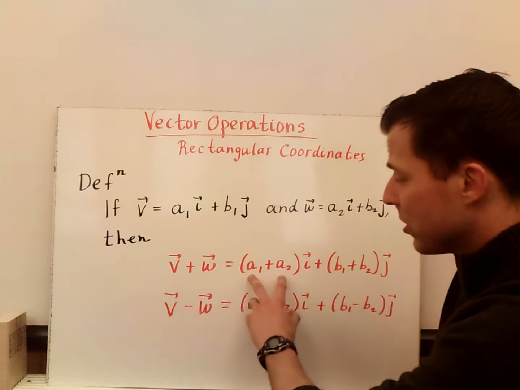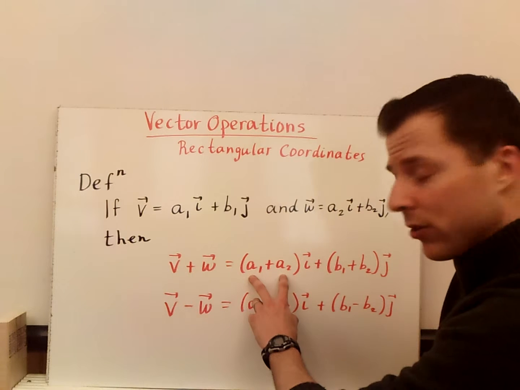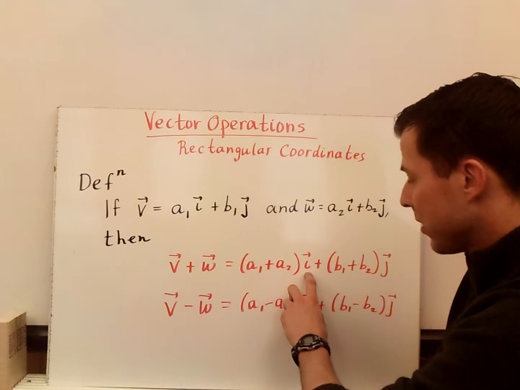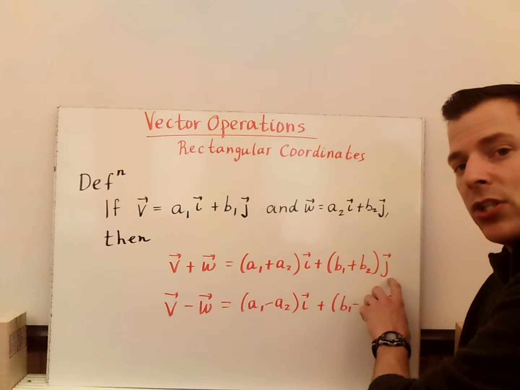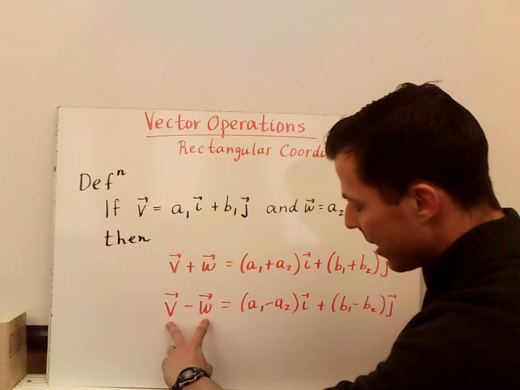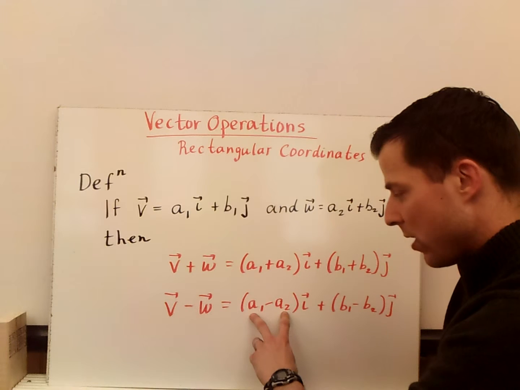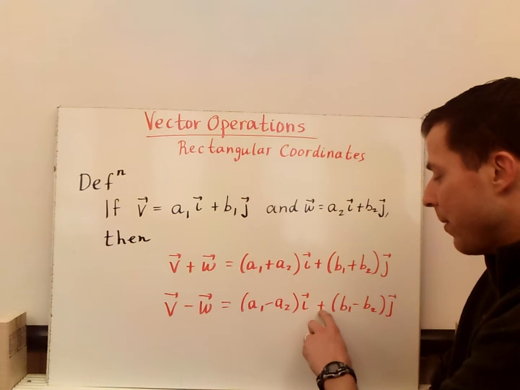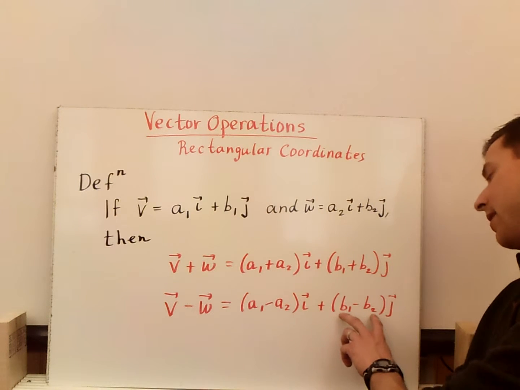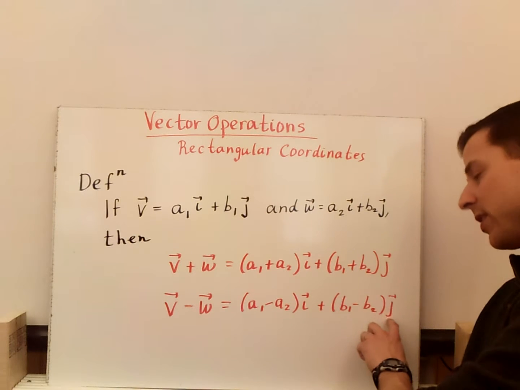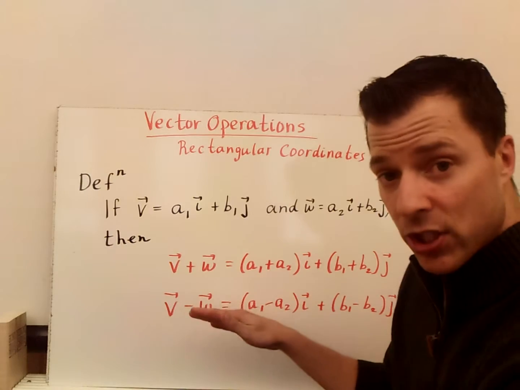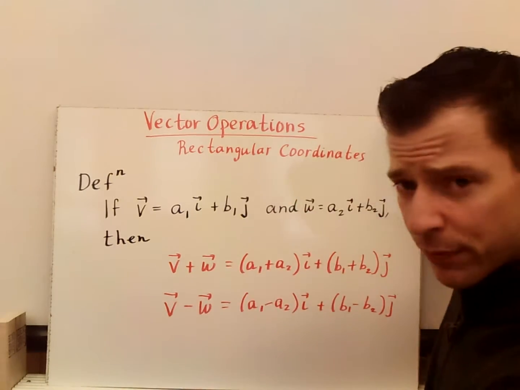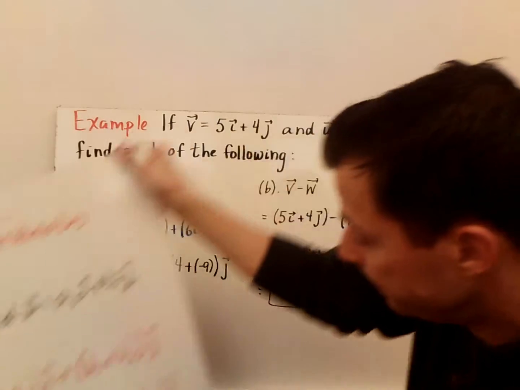To add the vectors, you simply combine the A scalars, multiply by unit vector i, and then you add the B scalars and multiply that by unit vector j. Subtraction, same thing. You subtract the A1 and A2 scalars times i, but in the middle there it's still plus, and then B1 minus B2 scalars times unit vector j. So these are the definitions that we're going to use to perform vector operations.